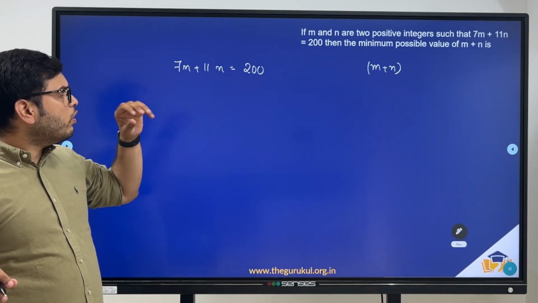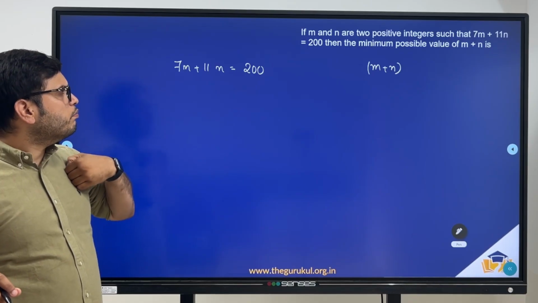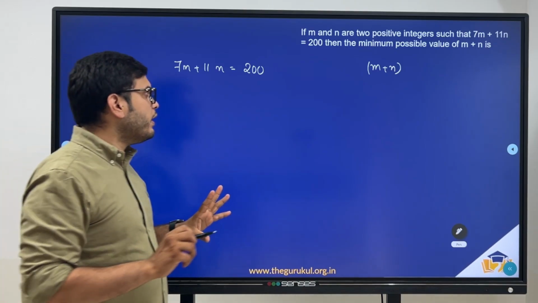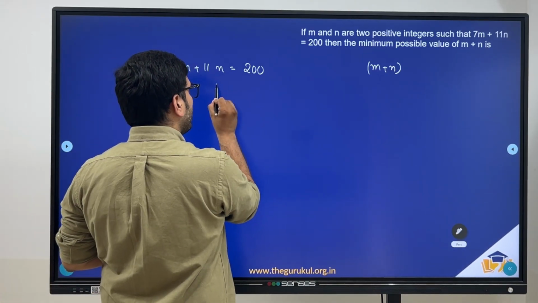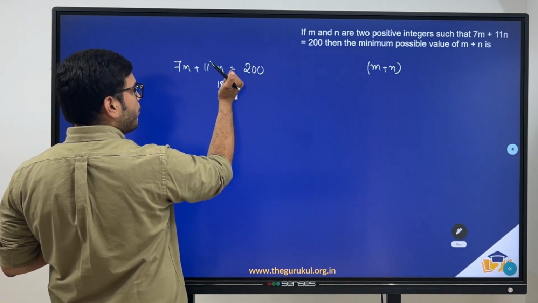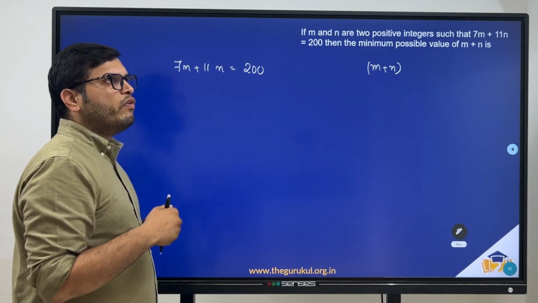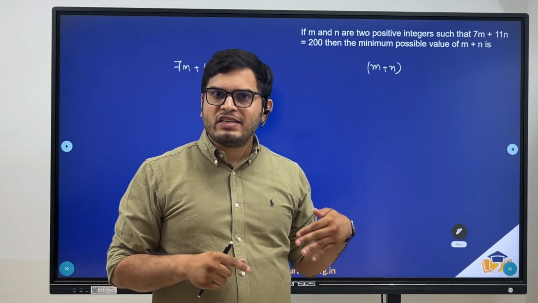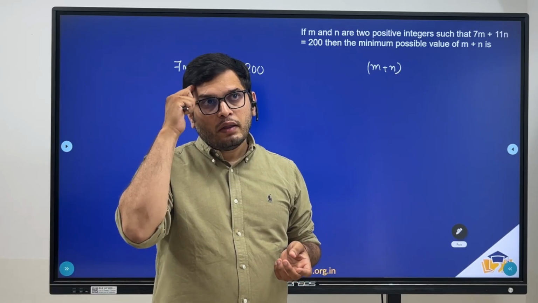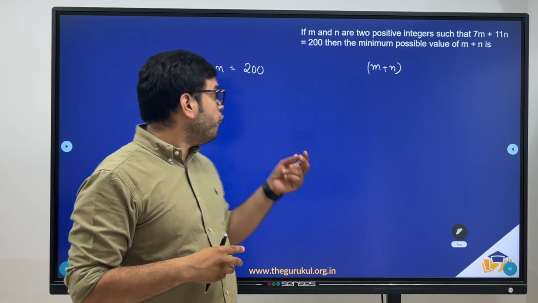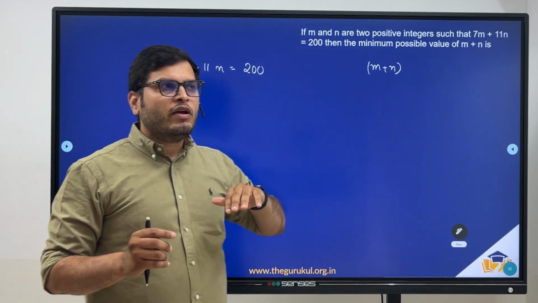Let's start with the maximum value of n. 11 into 18 is 198, so 7m cannot be 2. Next, 187, and 200 minus 187 is 13, not possible. Then 176, and 200 minus 176 is 24, which is not a multiple of 7, not possible.